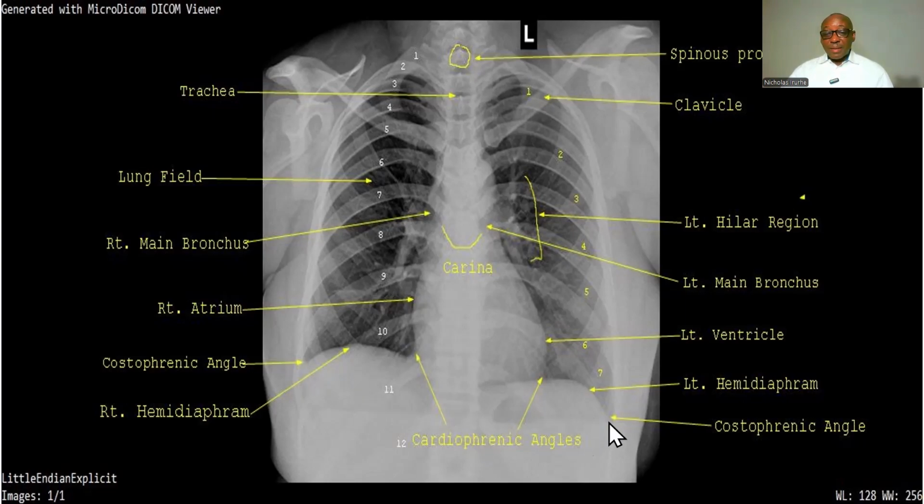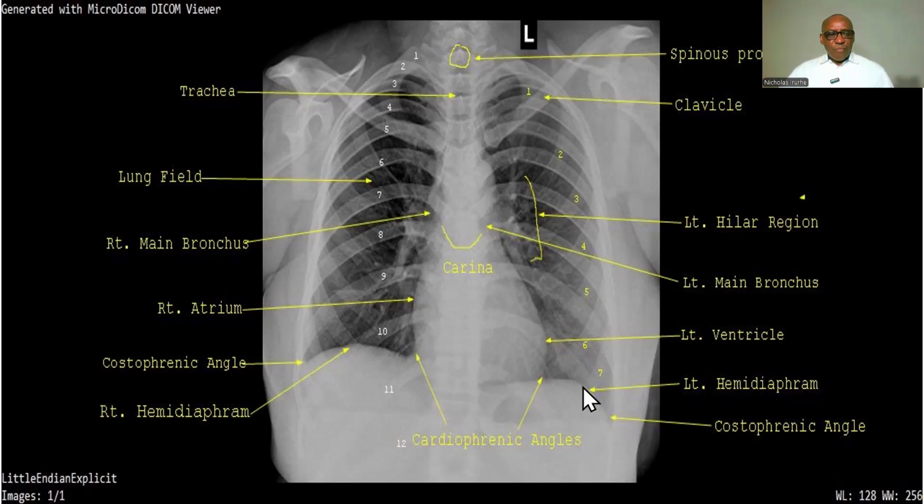That is significant because if there's any fluid called pleural effusion or hemothorax, where you have blood, you may have obliteration of this angle. And sometimes pleural thickening can cause blunting of these costophrenic angles.